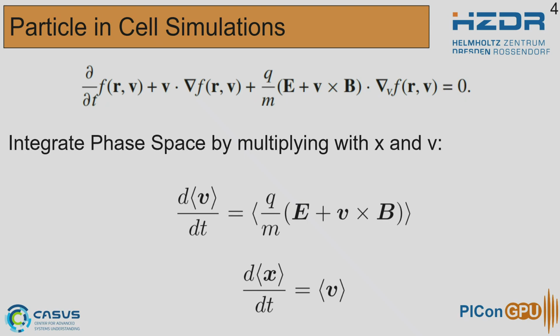And so you say, okay, I care for my x, my position on average, so how the plasma is going to move in position on average, and I'm going to care for its average velocity. And so the way to derive this is you multiply it by x, then integrate over phase space, and you get one equation, and then you multiply it by v, you integrate over phase space, and you get the other equation. And the steps to that are not important.